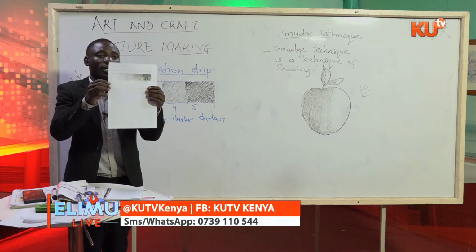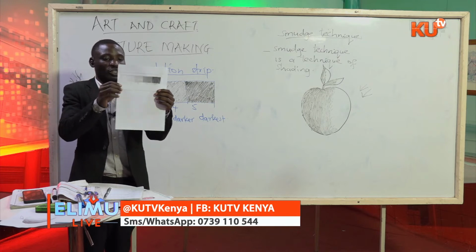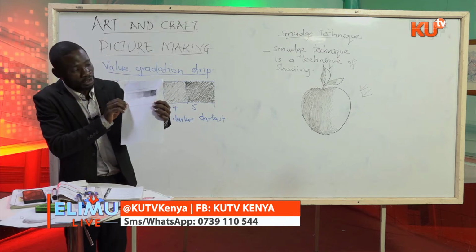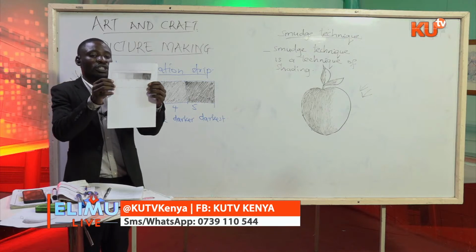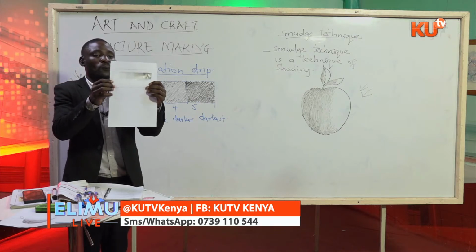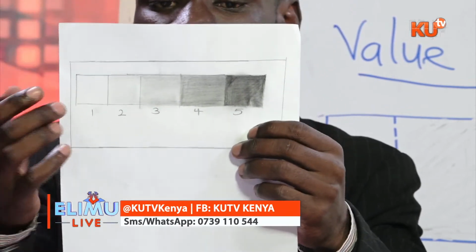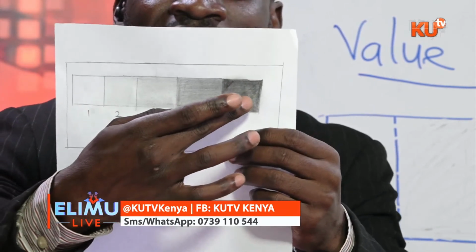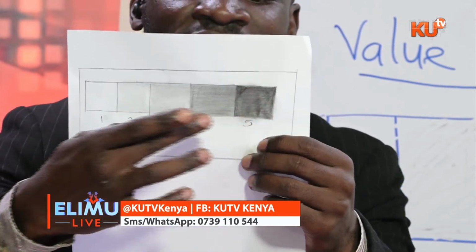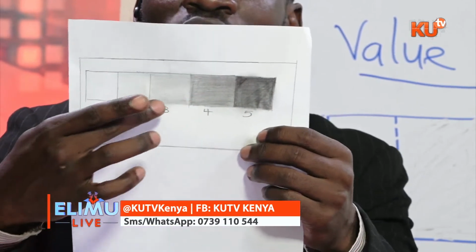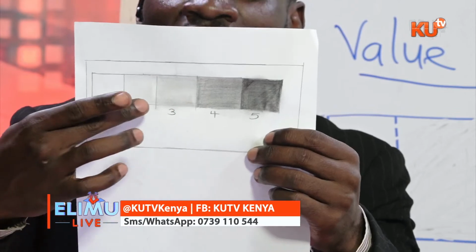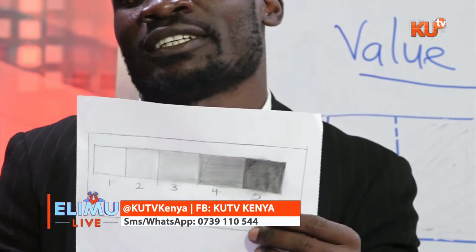So we are here. Move closer so that we can all observe what is happening here. So this side is the darkest. Then we have darker, we have dark, we have light and lighter.